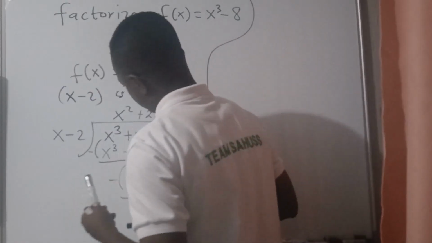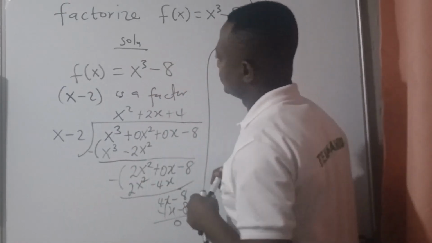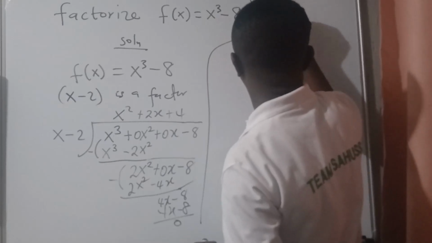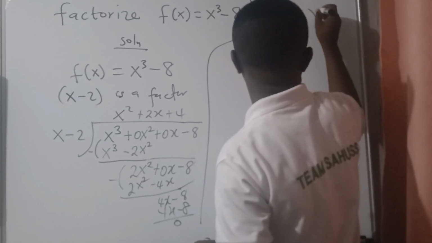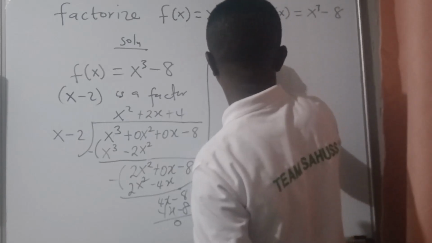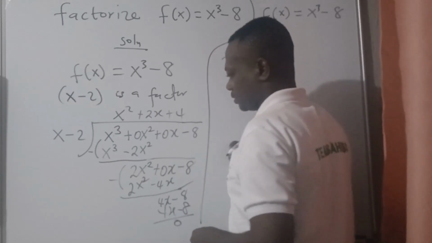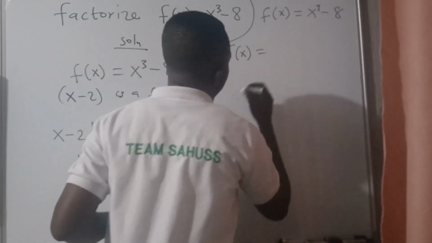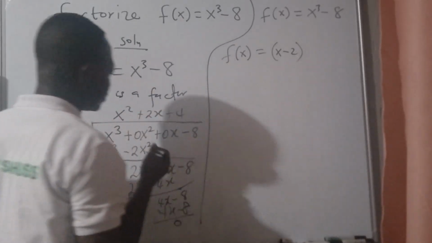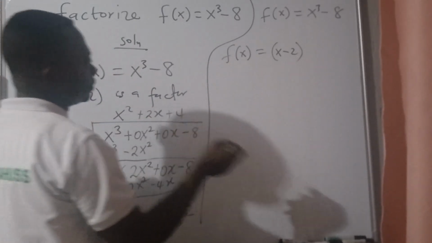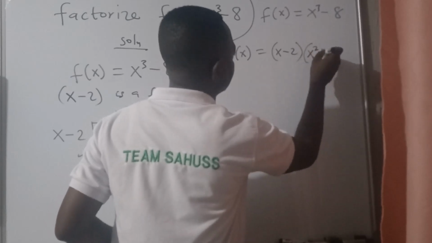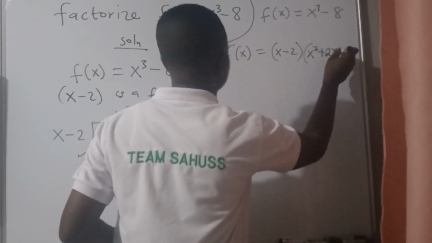Now with this, I can conclude that f of x, being x cubed minus 8, is the same as the first factor, x minus 2, times my quotient, that is the answer here, x squared plus 2x plus 4.